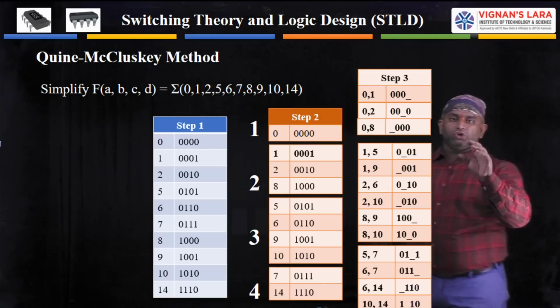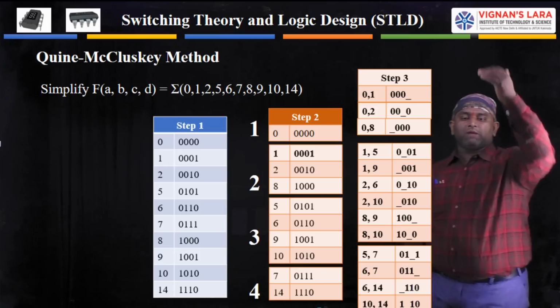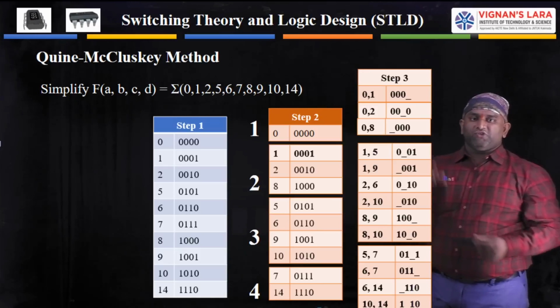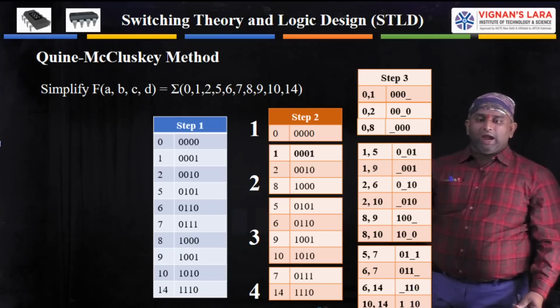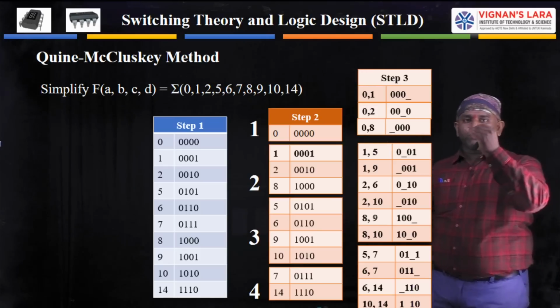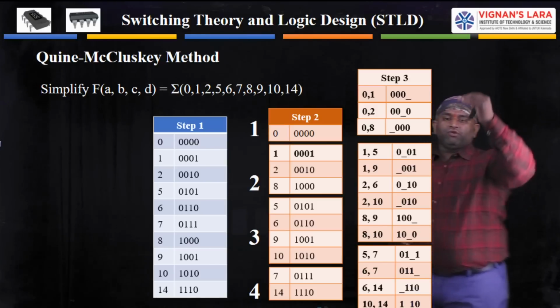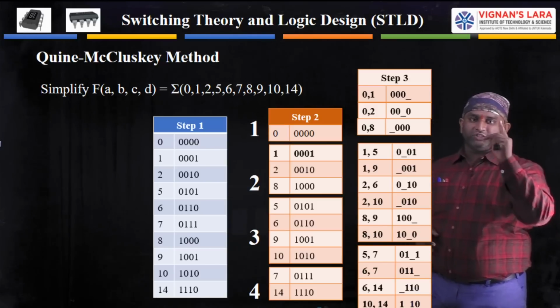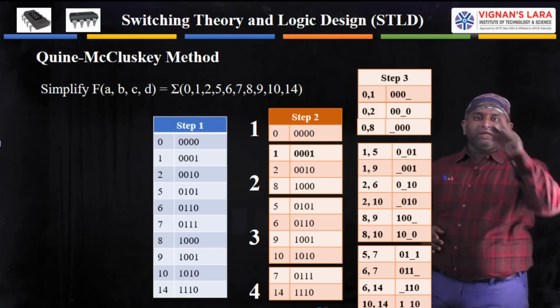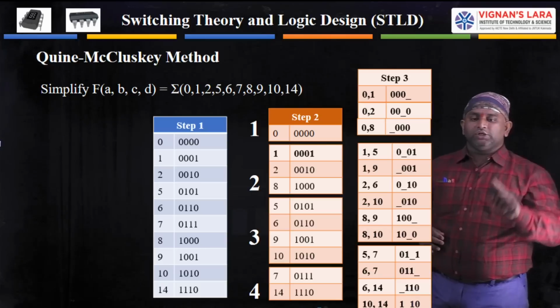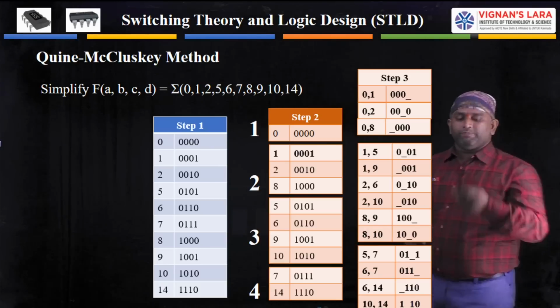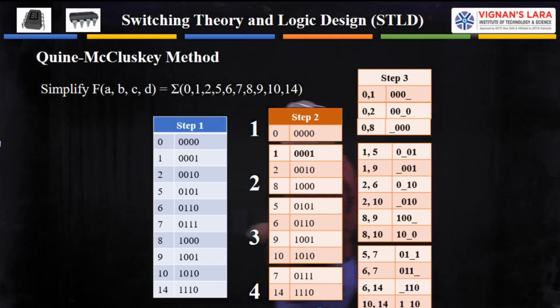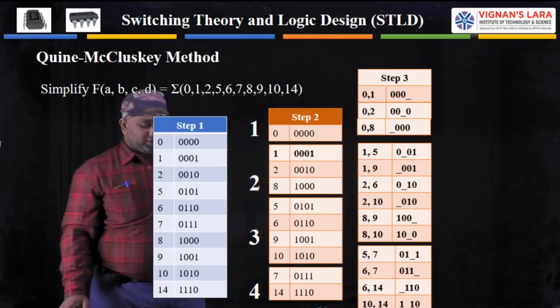That is, 0 0 dash is common for 0 comma 1 and 8 comma 9. The first bit is 0 here and 1 there. So the changing parameter from 0 comma 1 to 8 comma 9 is the first bit, and you can write dash 0 0 dash. That is our next step, which we will see now.